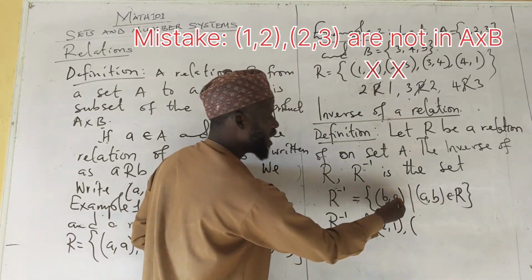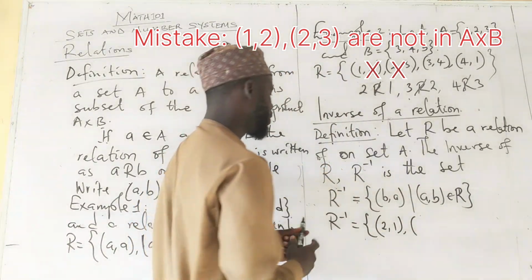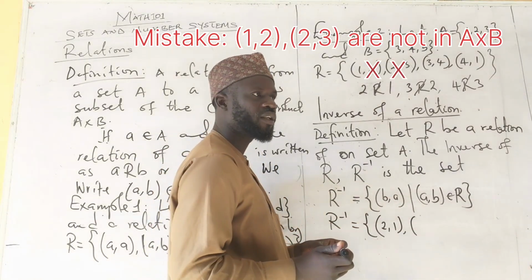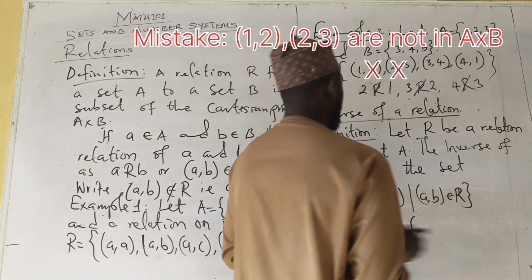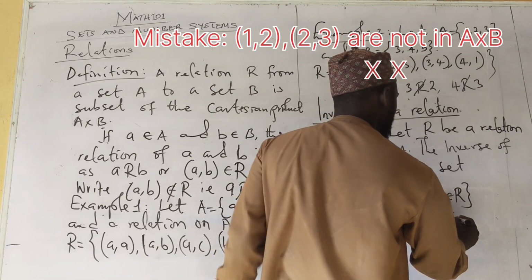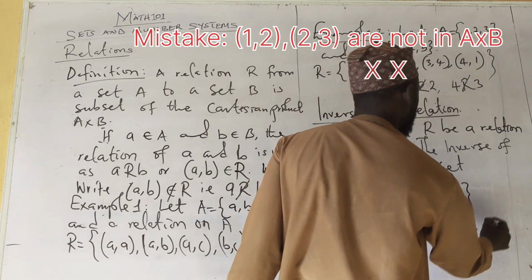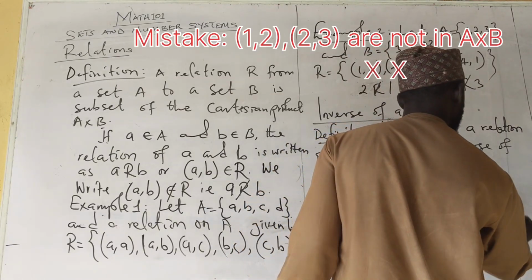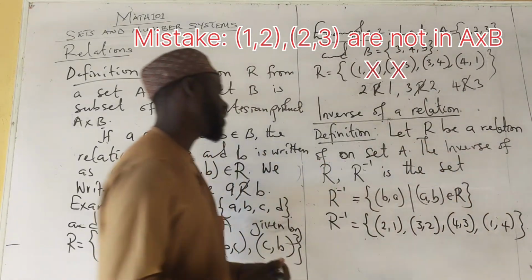In R inverse, you reverse the order. That is all. Just reversing the order of a relation makes the inverse of the relation. So you have (3, 2), here you have (4, 3), and then you have (1, 4). This is the inverse of this relation.